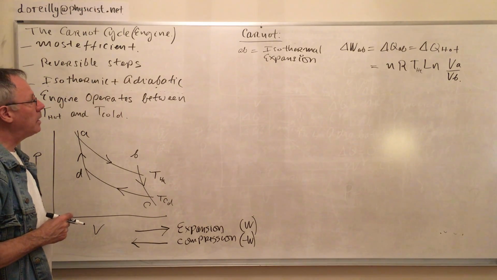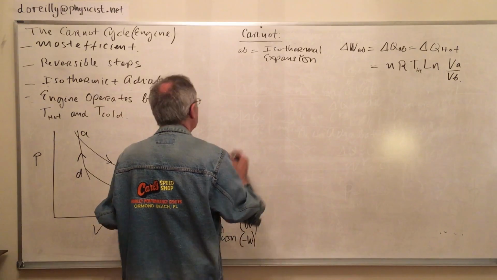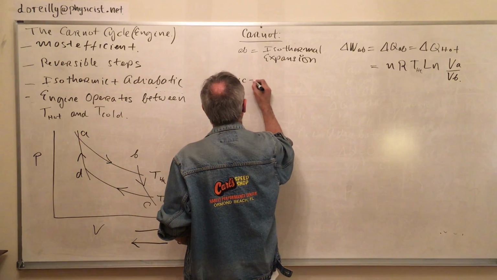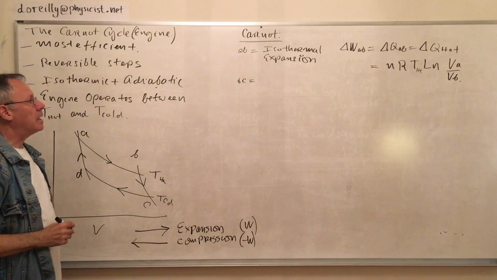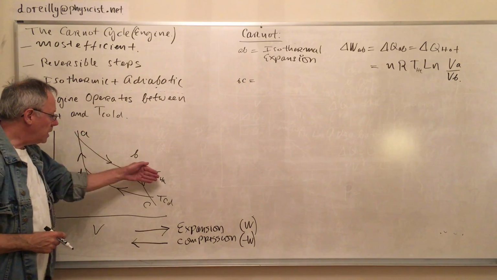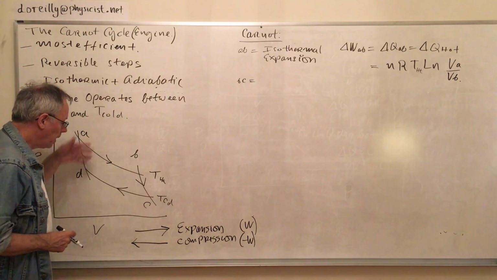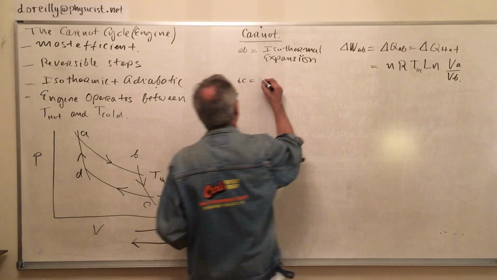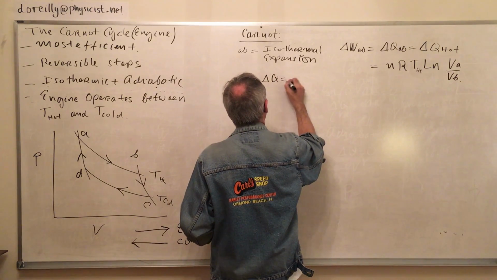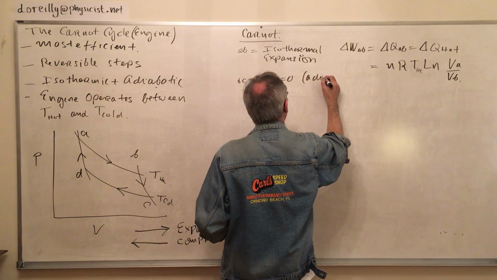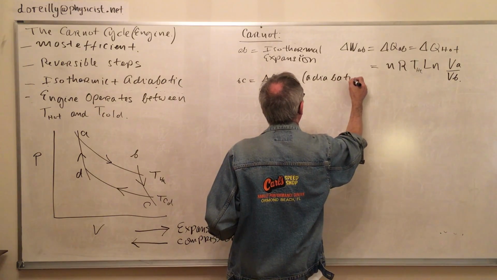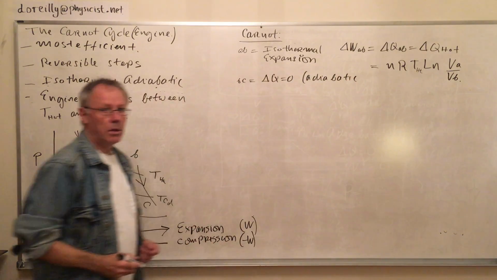All right, so from B to C, what kind of a process is that? Is it isothermal? That's an isotherm. This is an adiabat. Is it compressing or expanding?